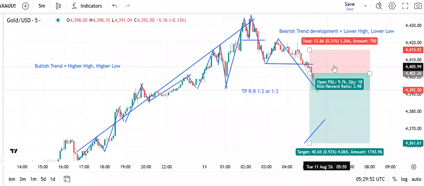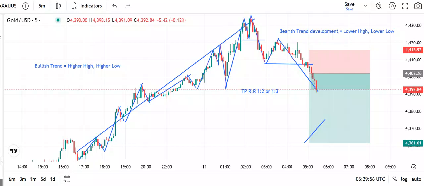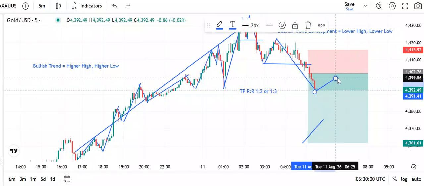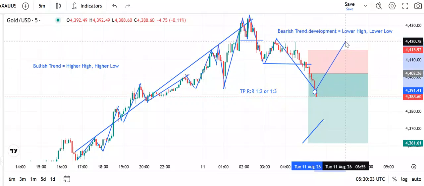Now I expect a pullback to happen around here. Pullback, but I do not expect the pullback to extend beyond my stop loss.